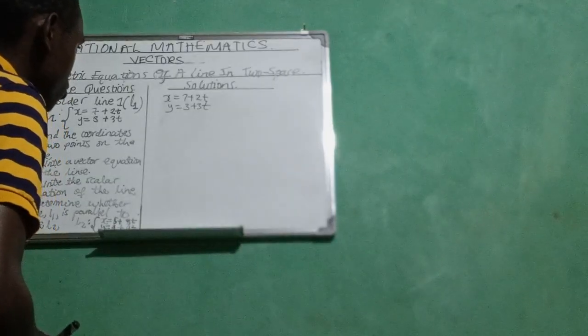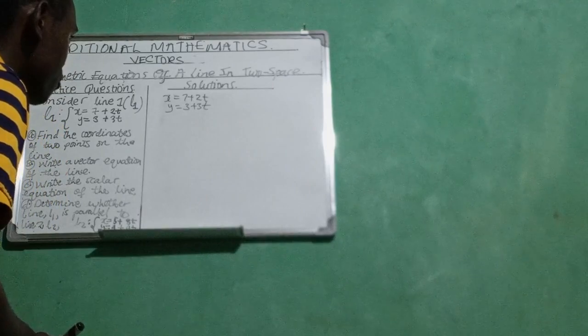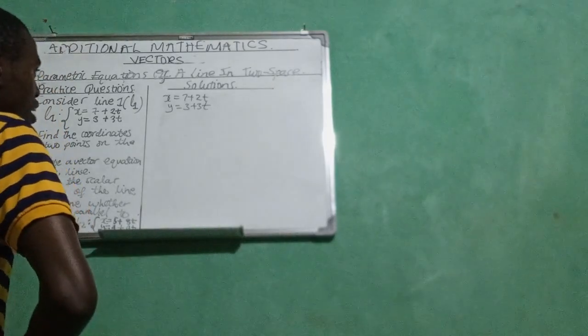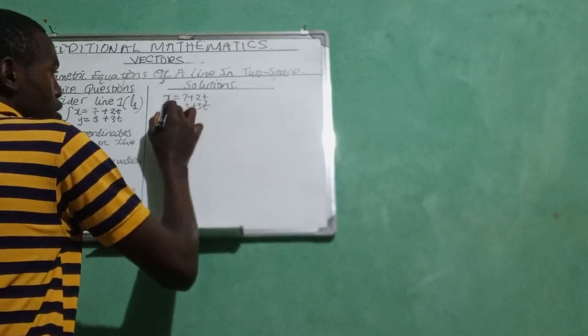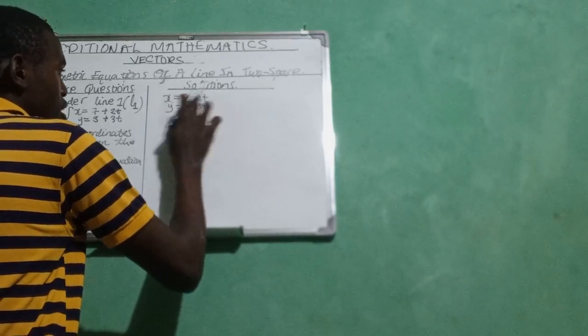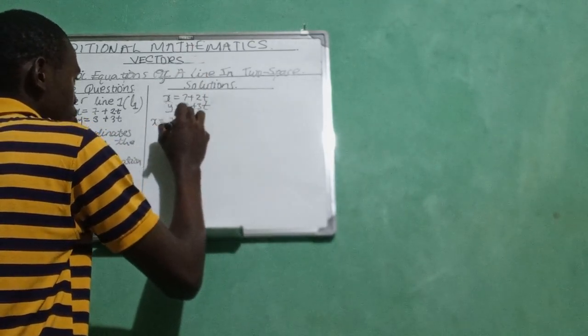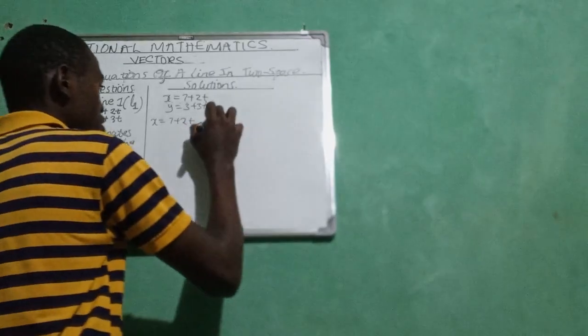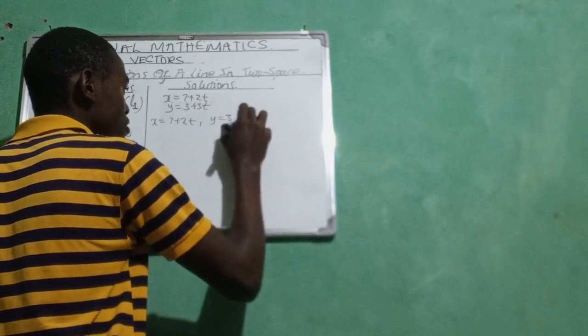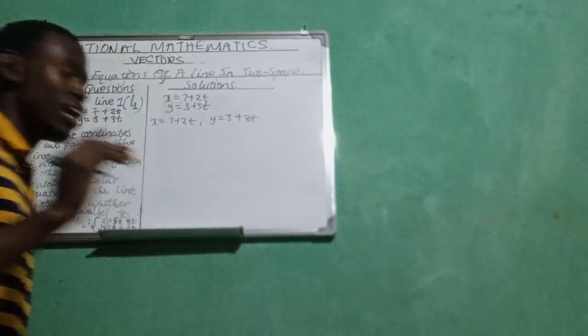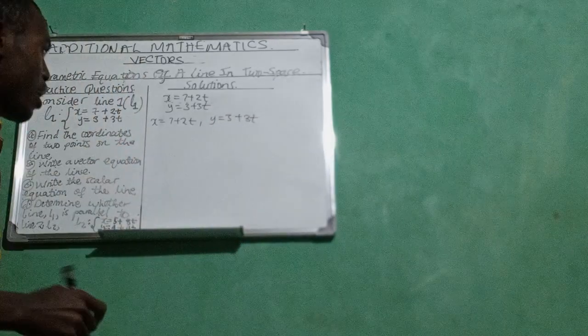How do I do that? So what I'm going to do is I'm going to get the top row, this part on top. I'll say x is equal to 7 plus 2t as one equation, and then another equation y is equal to 3 plus 3t as the second equation.